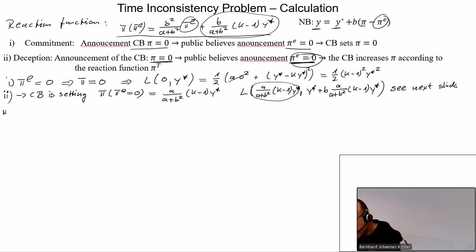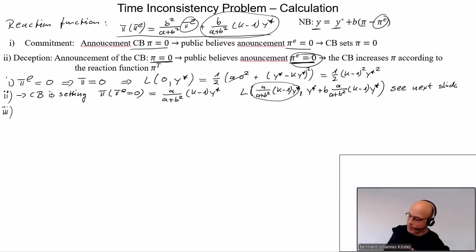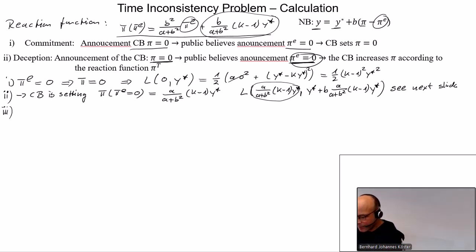And the last one is the discretionary case. And there we have PE equals pi.